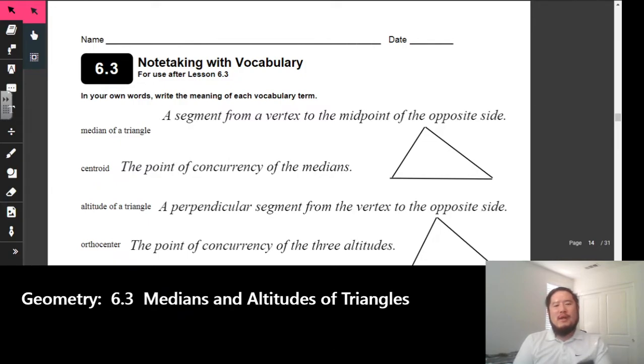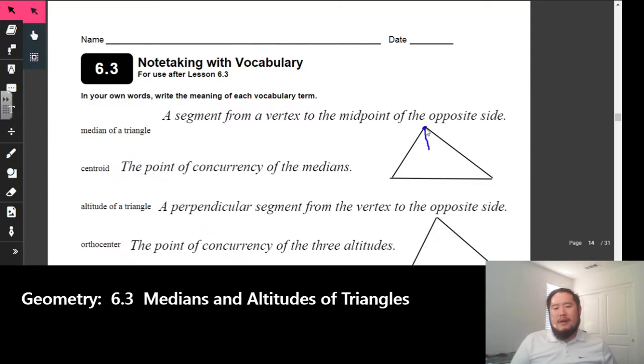The first one right here is a median of a triangle. Now, what is that? It's a segment from the vertex to the midpoint of the opposite side. Okay, so if I were to use this triangle right here to depict that, what they're saying is that I start from the vertex and I will need to find the middle of the opposite side. Now, how do I do that?